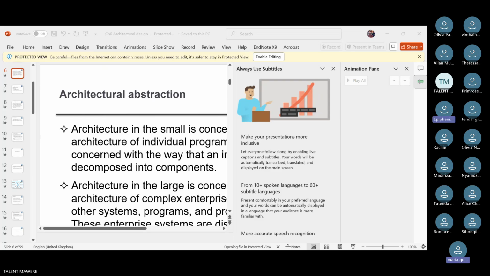Architectural abstraction. Oh. The slide titled architectural design decision. I'm seeing architectural abstraction on this end.